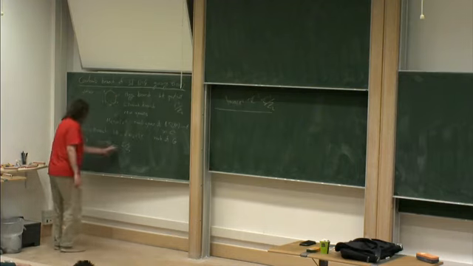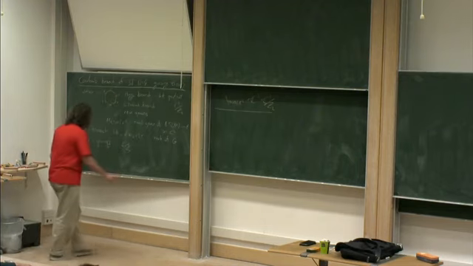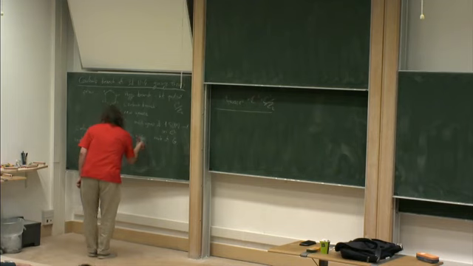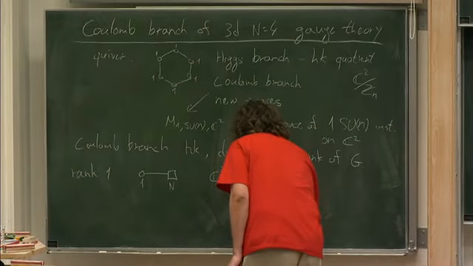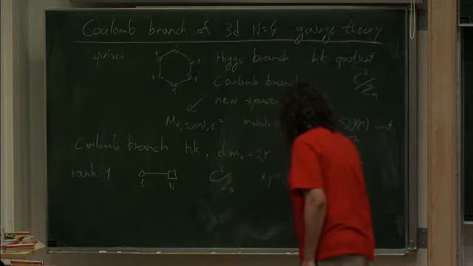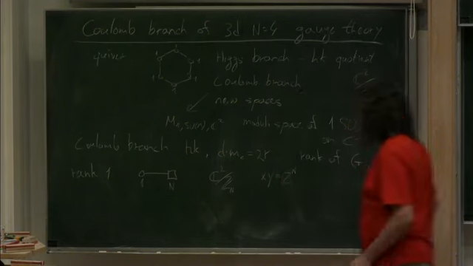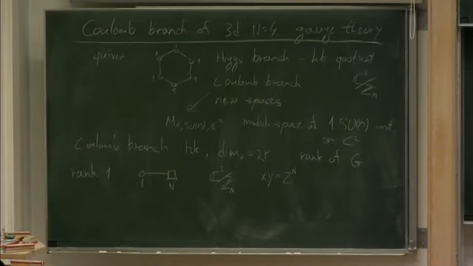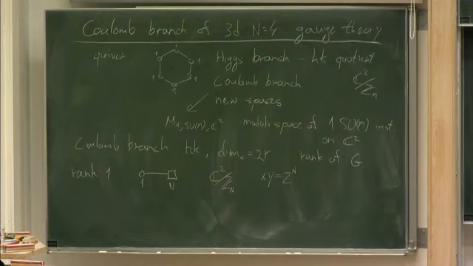Okay, so let's look at this case. U1 with n flavors, the moduli space is C2 mod Zn, and as an algebraic variety, it's given by a complex equation in 3 variables, x, y, and z to the n, which satisfy this relation.